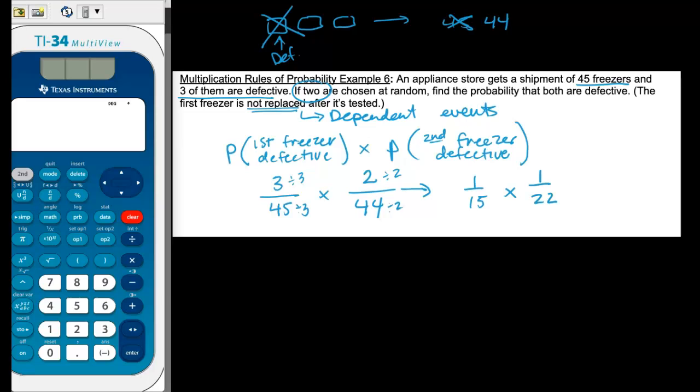And then I can just multiply 1 times 1 is 1, and then 15 times 22, we get 330 on the bottom. And so there's a 1 out of 330 chance that both freezers that are chosen are going to be defective. And then if you want a decimal, you just do 1 divided by 330, and you can get the decimal for that.